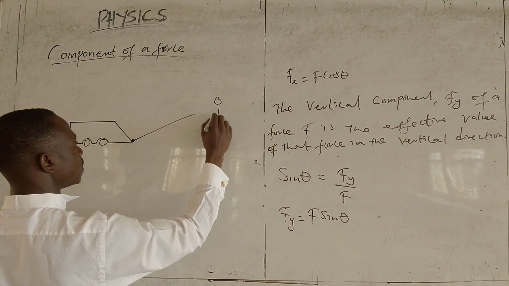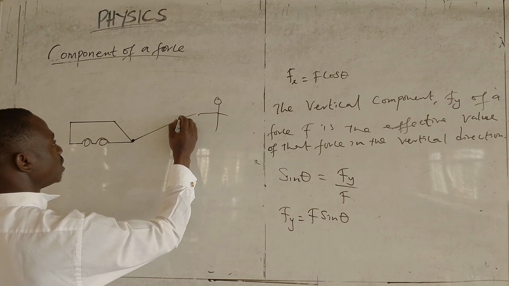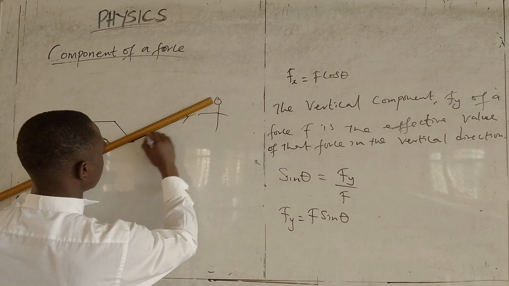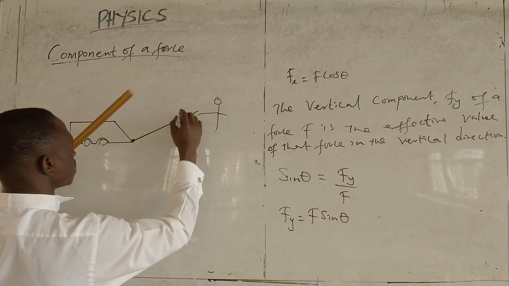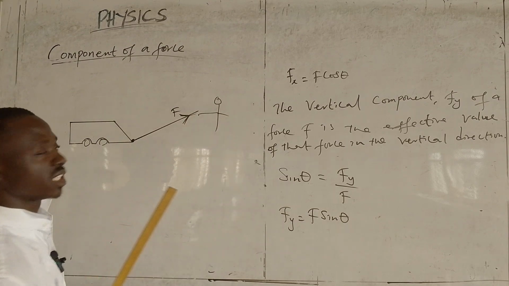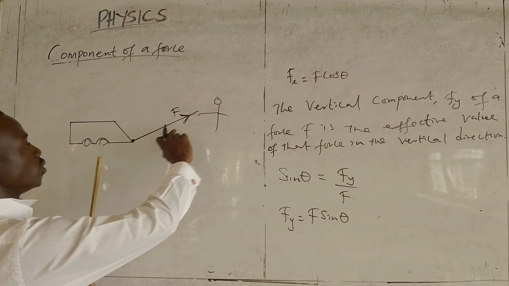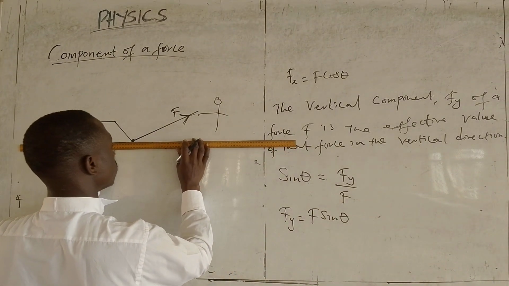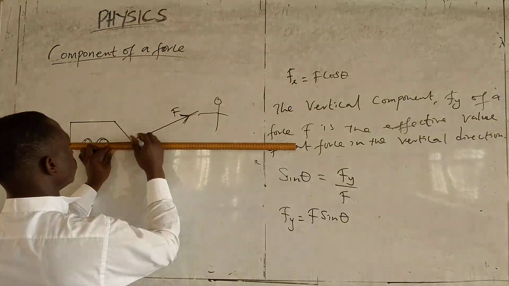So this is the boy. He drags with this force in this direction. You can see this is the force with which the boy drags, and that it is inclined. This force F is at an angle theta to the horizontal.